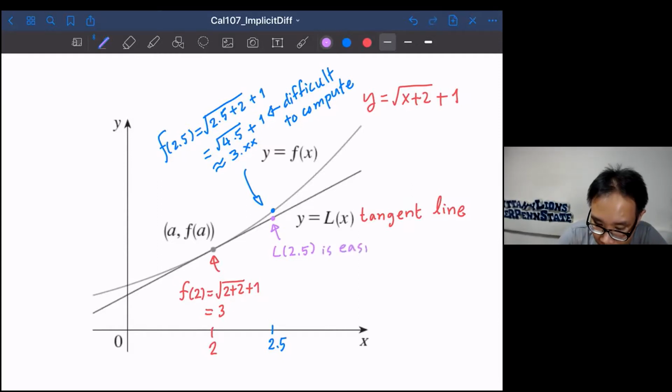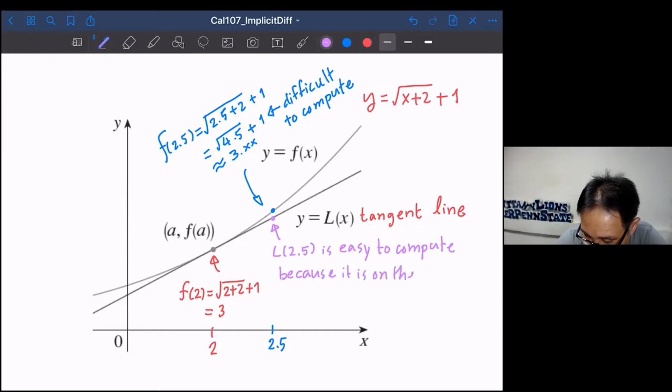L(2.5) is just easy to compute, because it is on the line, and everything linear turns out to be easy to work with, right?